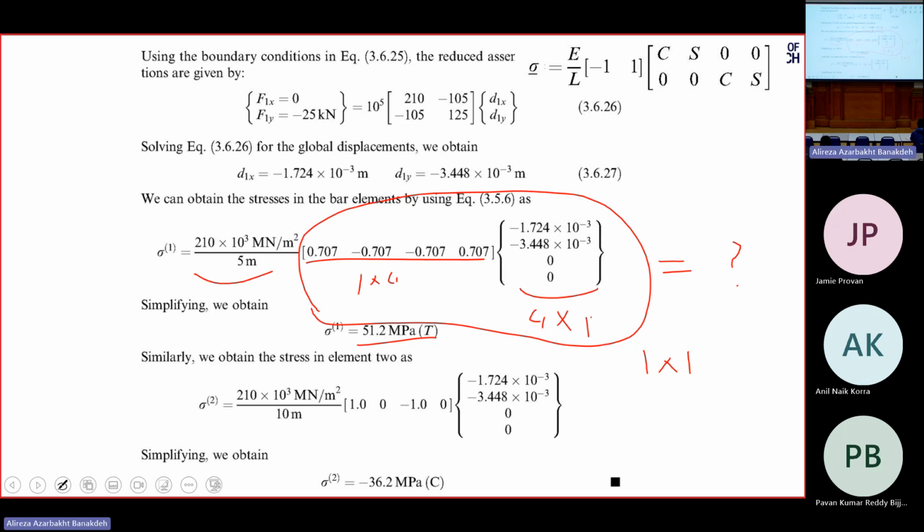Put the example in front of you without the answer, okay? Just try to solve it and compare it to the correct result. And do all the mathematical solutions by yourself. Just a pencil and a calculator, nothing more. And that brings you the necessary skills to solve finite element problems.